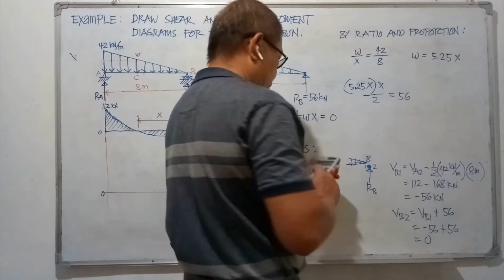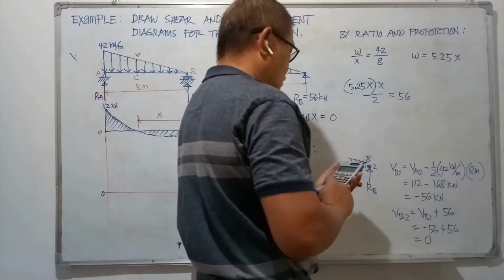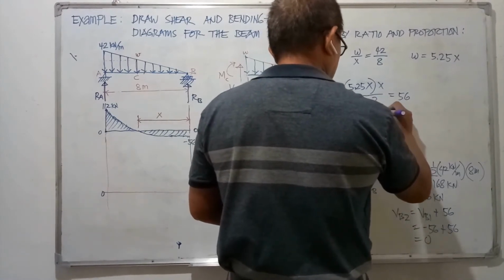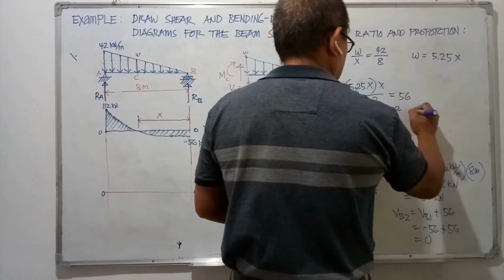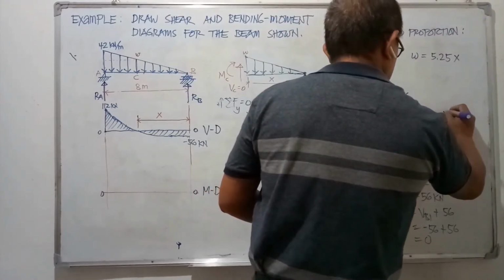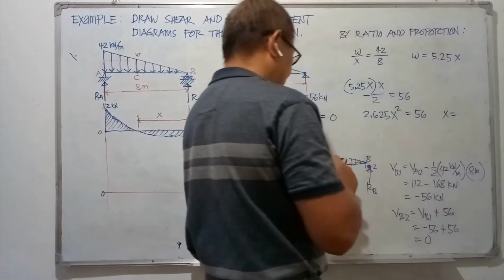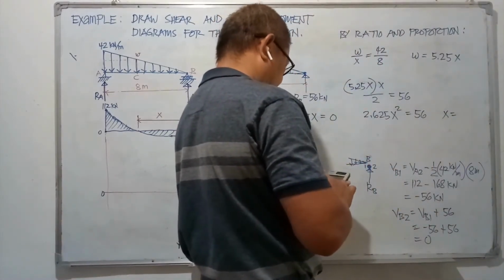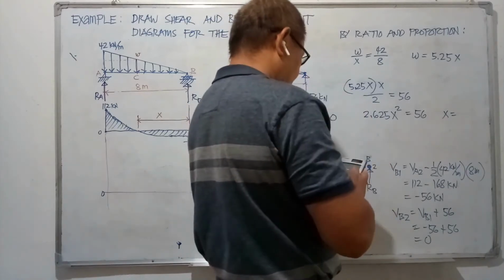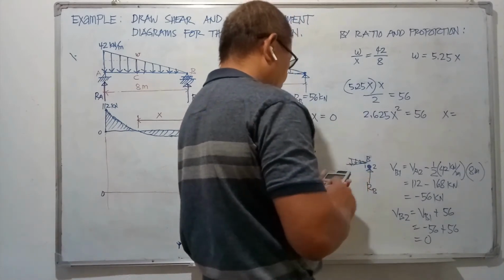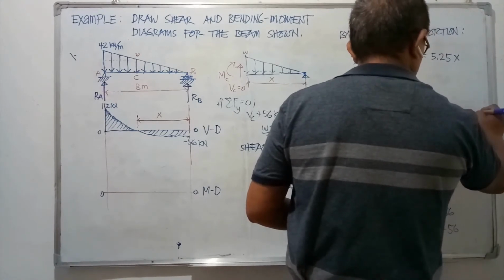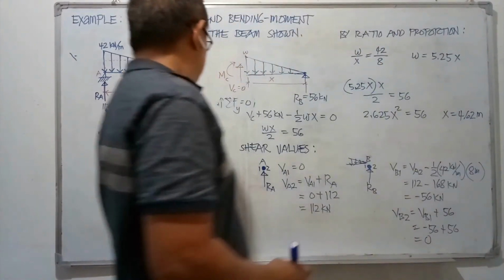Or we have 5.25 divided by 2, 2.625, 2.625 X squared equals 56. Therefore X is the square root, 4.62 meters.